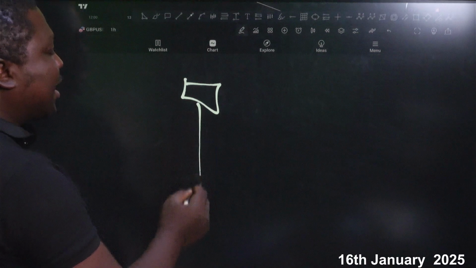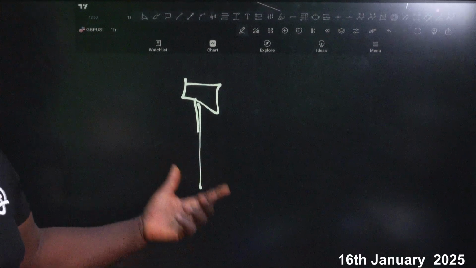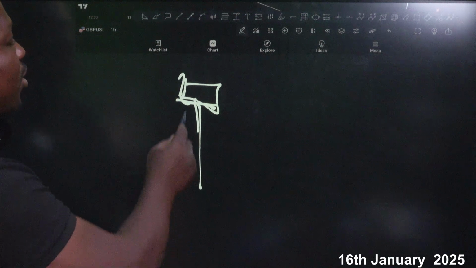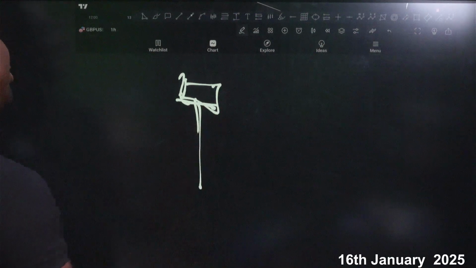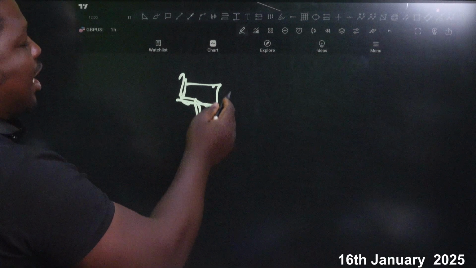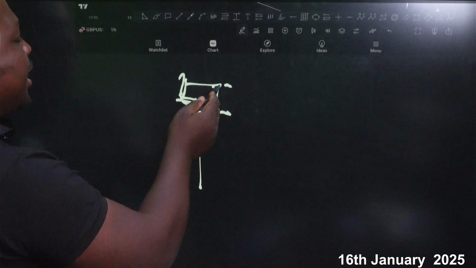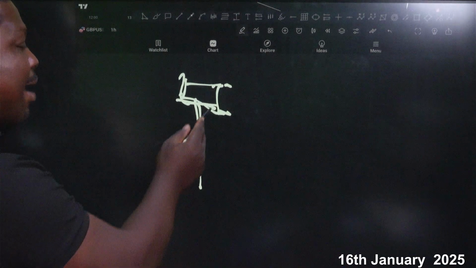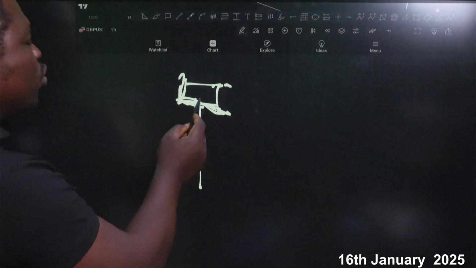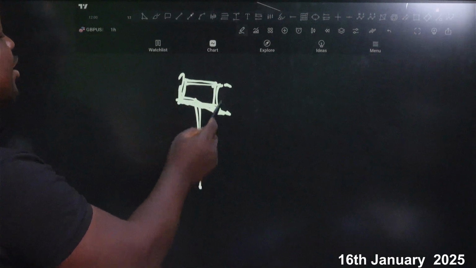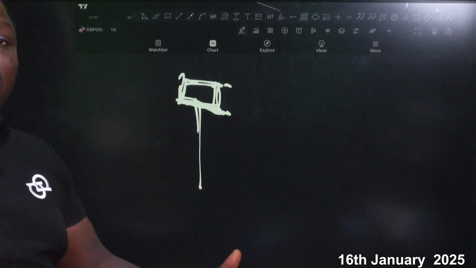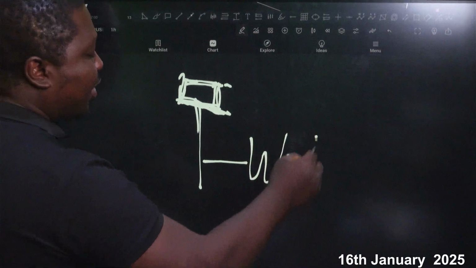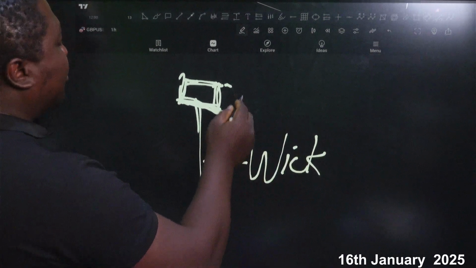If you see a candle like this, it is called an armor candle, because it can open here and close here, or open here and close here. Any of the two is still armor because it has small movement here. It's the body and the long wick. This is the wick. They call it wick in Forex, and this is called the body.